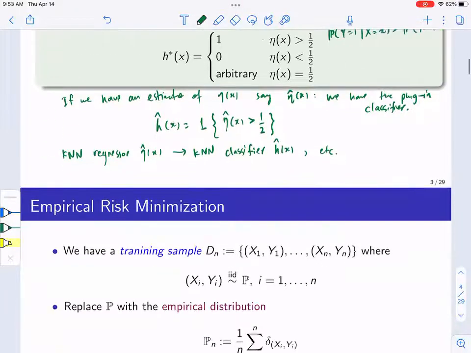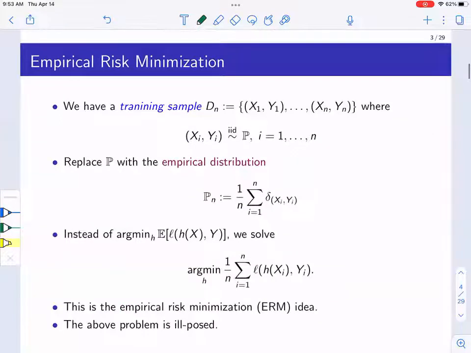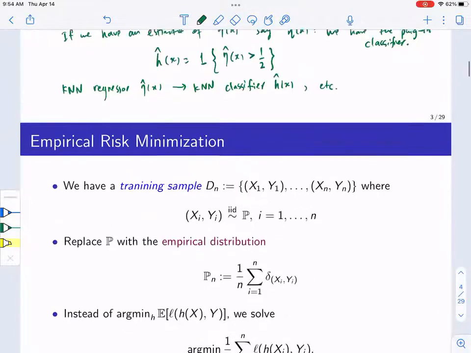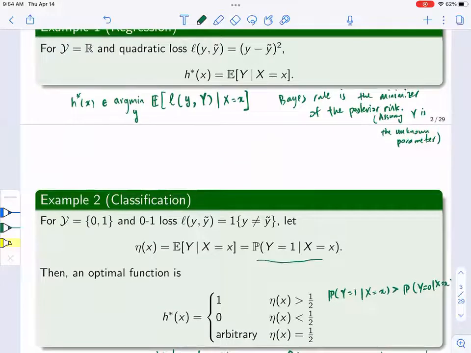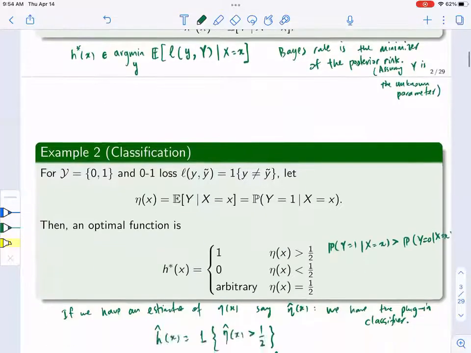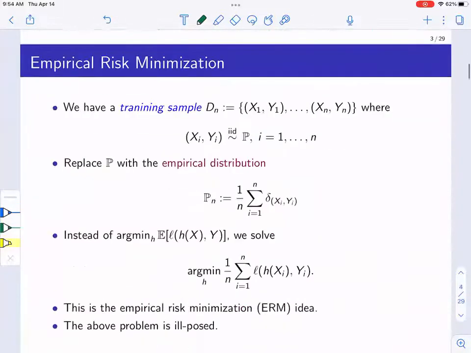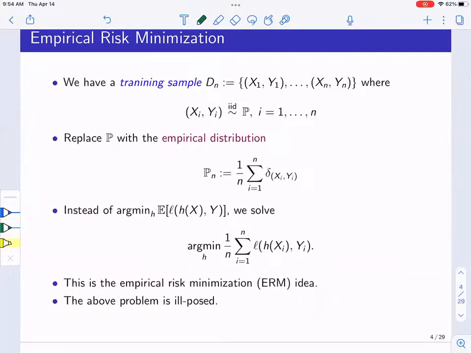Okay, so as before, we have a training sample. These are IID from P. And because we don't know P, we cannot compute any of these, because they rely on the unknown conditional distribution of y given x. So what we do is look at the empirical distribution of these points.